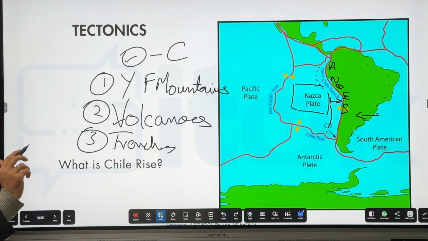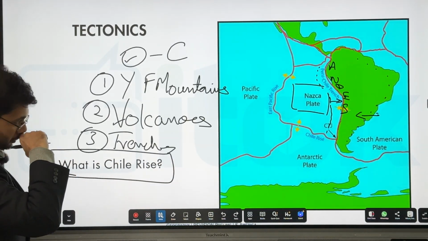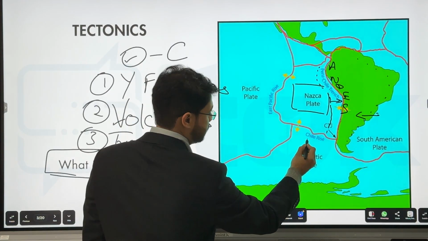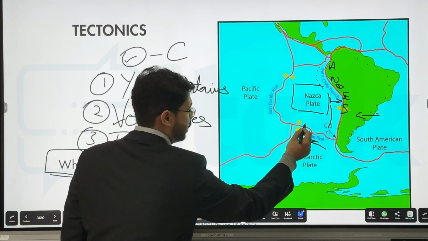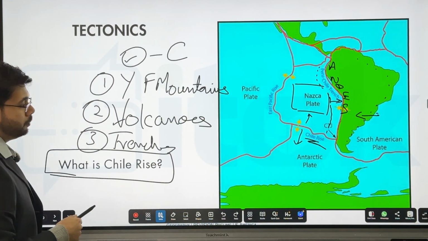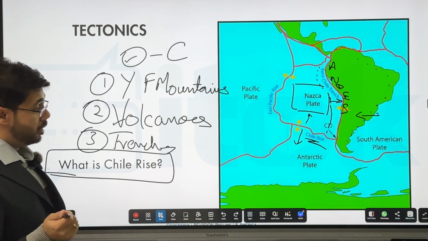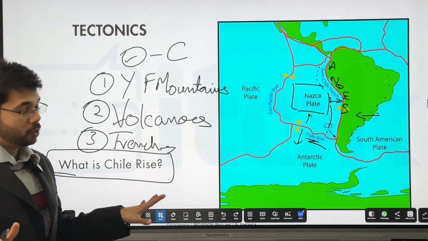One question which I would like you to think about is the Chile rise. This is the Chile rise, and one part of Chile rise is coming here, another part is going here. So I would like you to think about what is happening over here, and what plate boundary this is.